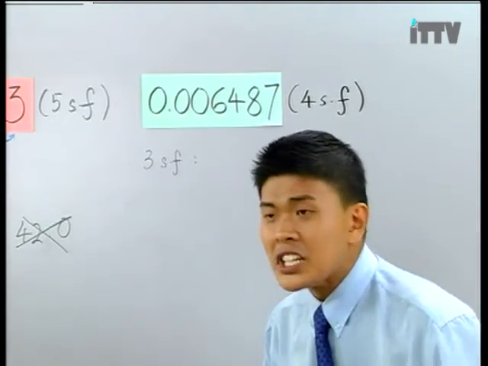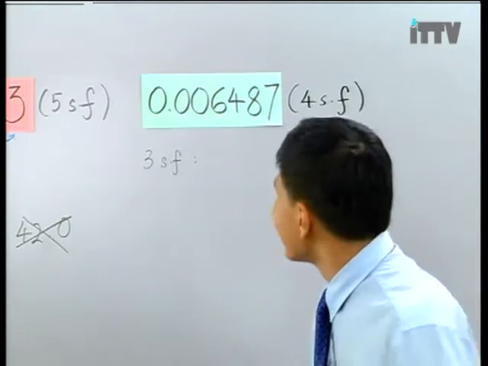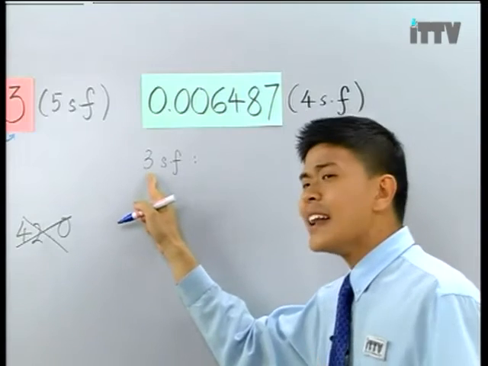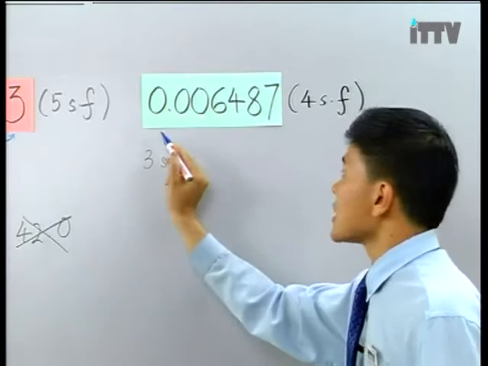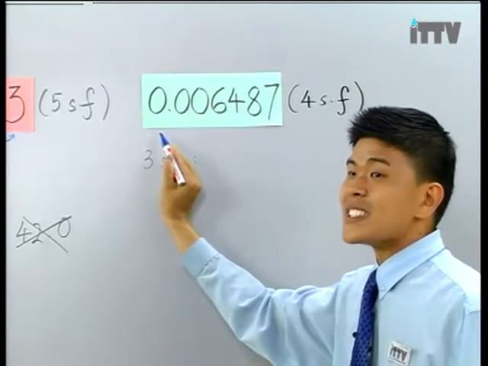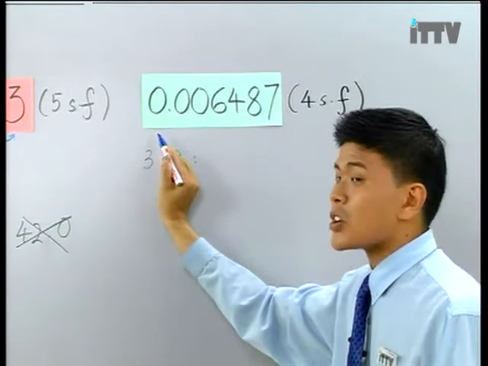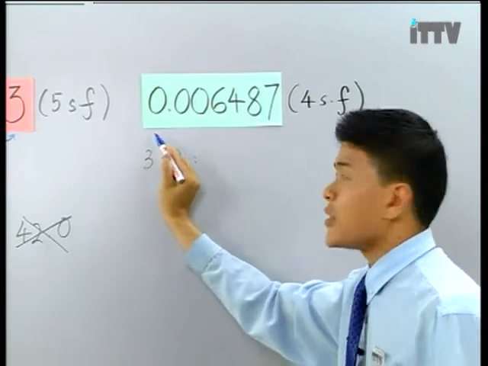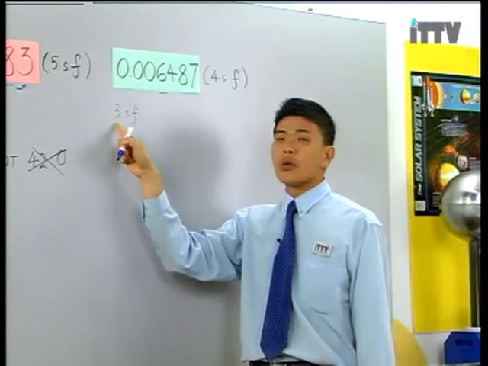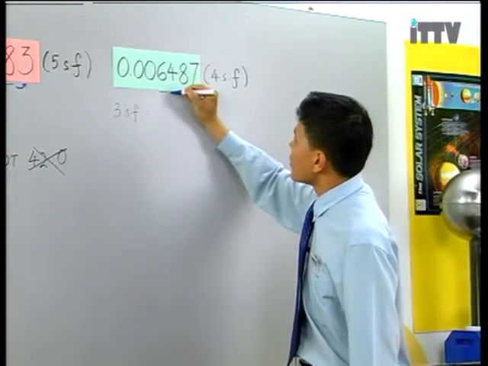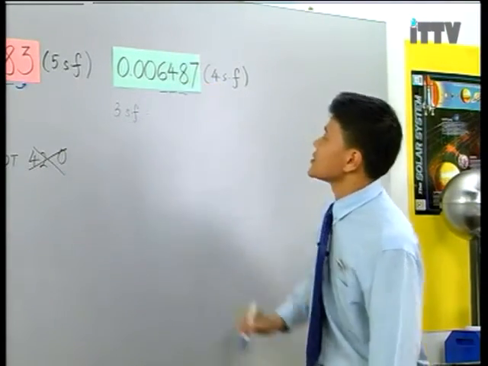So if we want to change the accuracy to 3 significant figures, underline the first 3 significant figures in that number. Alright, don't start with 0, because 0 is not a significant figure here. The first significant figure will be 6. So underline 6, and since we want to round it off to 3, underline 4, underline 8.